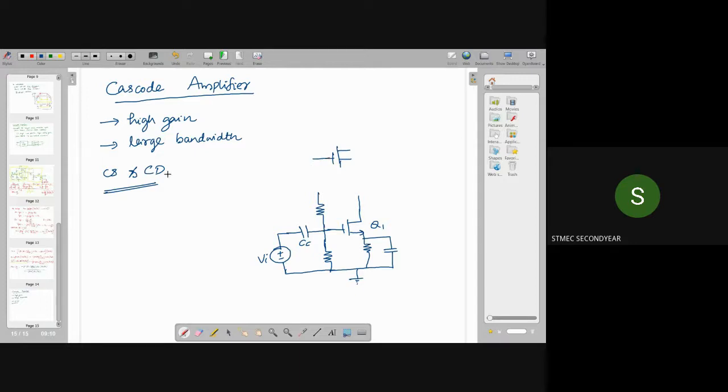Sorry, not common drain, it is common gate. Common source and common gate. So here we are going to use a common gate configuration.